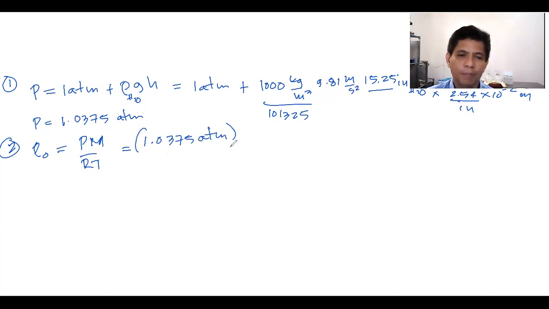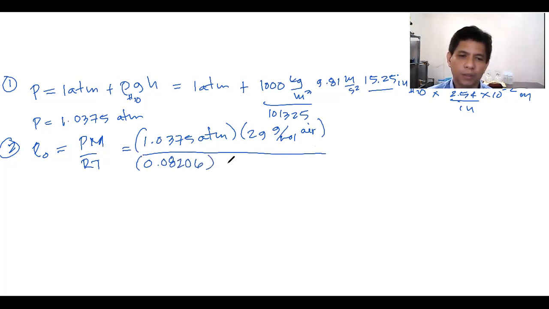Tapos ang molar mass ng air kasi yung gas natin is 29, according to McCabe. So this is in grams per mole of air. So I'm going to use R is 0.08206. Alam niyo na unit nito.